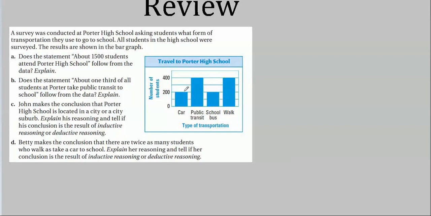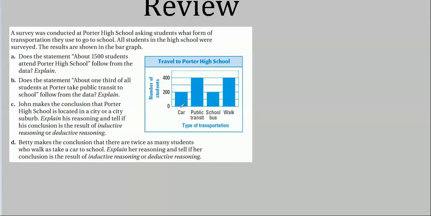Number one, to answer this question, you have to assume that there's a certain mutual exclusivity in transportation modes. That is to say, they are mutually exclusive. You don't take a car, a bus, a school bus, and walk all in the same trip. But I guess you could.